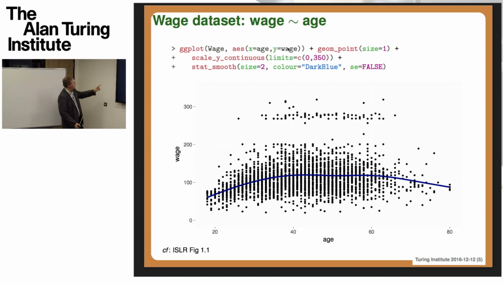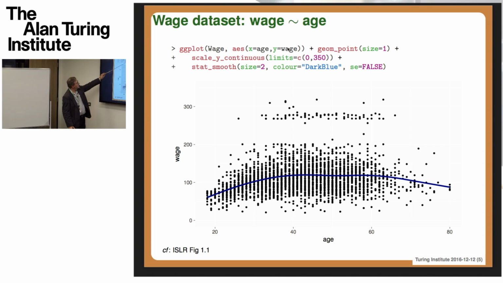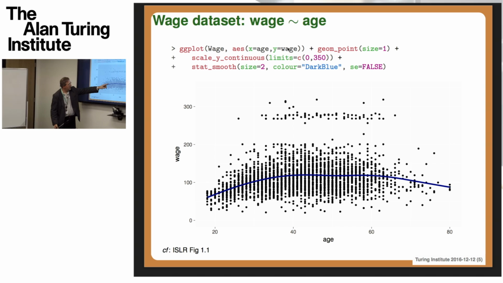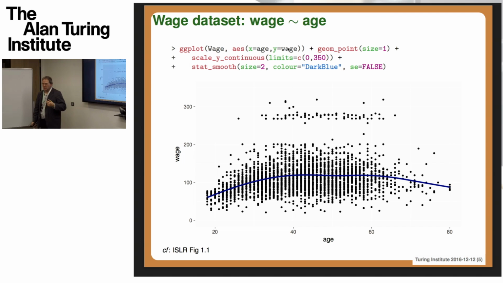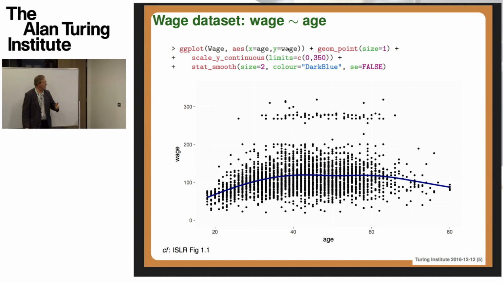And in addition to the points, I've used the statistical smoother to add in the blue line here. This uses some sort of smoothing technique. The details you can find in the documentation for ggplot2. It's a local regression type smoother.